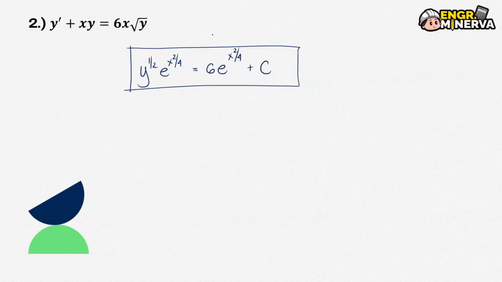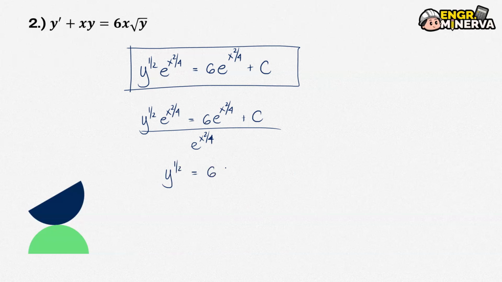So again, if you want to check your explicit solution, that would be y raised to 1/2 e raised to x squared over 4 equals 6 e raised to x squared over 4 plus c. So you just divide the whole equation by e raised to x squared over 4. So that would be y raised to 1/2 equals 6 plus c e raised to negative x squared over 4. Then square root the whole right side.